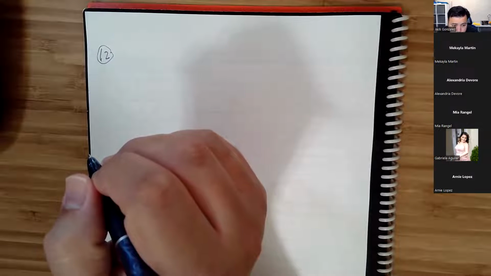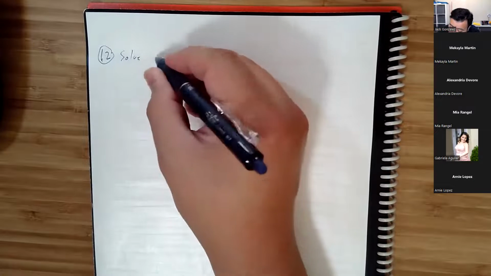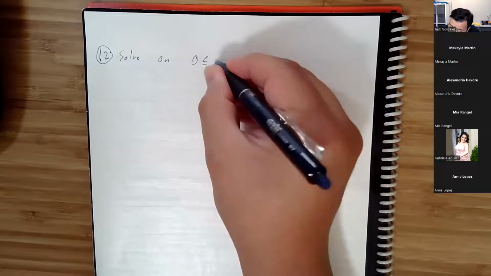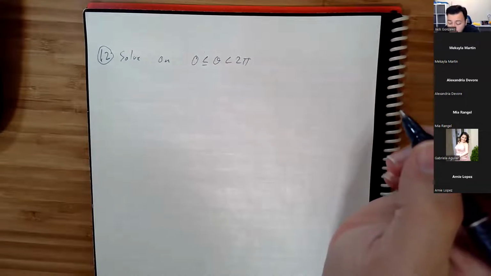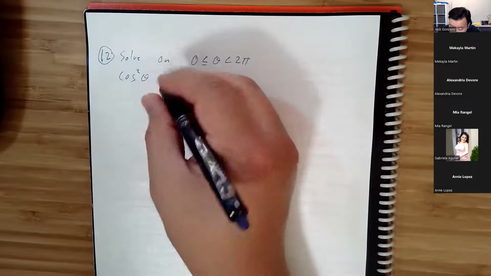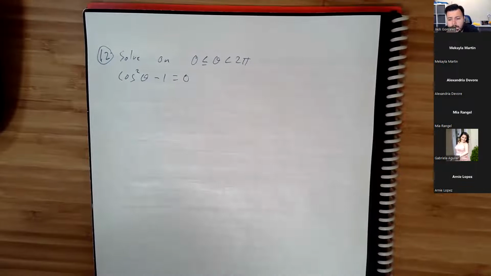Similar question. Solve, I'm going to shorten it up here, 0 to 2 pi: cosine squared theta minus 1 is equal to 0. So there's a couple of ways to do this.